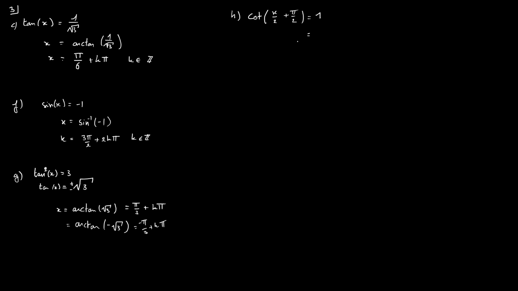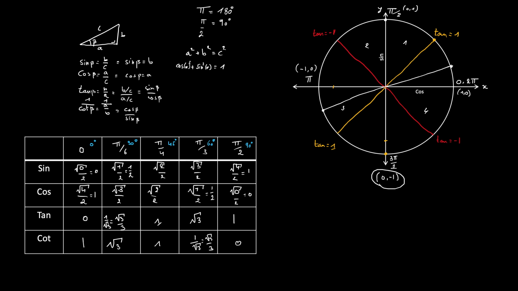So here we have to work around a little bit because we're going to find x over 2 plus pi over 2, doing the inverse operation on the other side, meaning that we're going to do cotangent to the minus first, or the arc cotangent of 1. So the arc cotangent, where is it? It's going to be at pi over 4, right? Because pi over 4 gives us cotangent pi over 4, it's going to give us 1. So arc cotangent 1 needs to give us pi over 4.